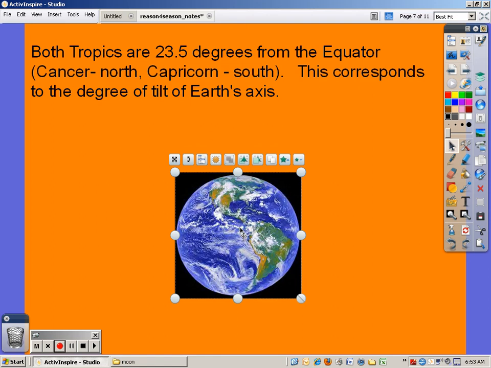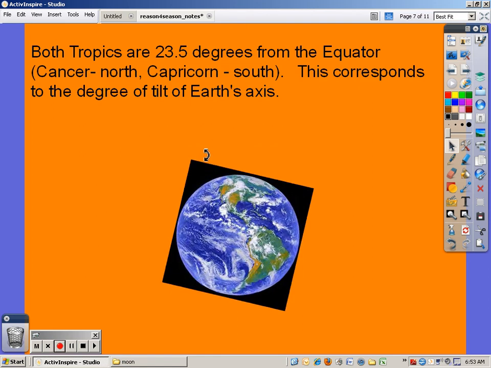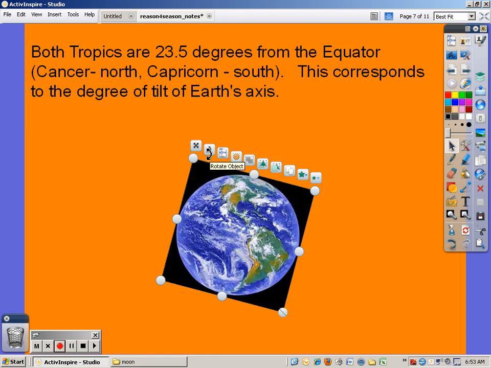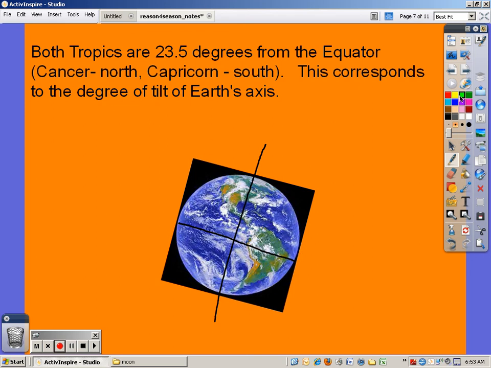So here's my Earth. Here's my tilt, 23.5 degrees. If this were my axis, here's my equator. My two tropics are basically here, here, 23.5 degrees north, 23.5 degrees south.